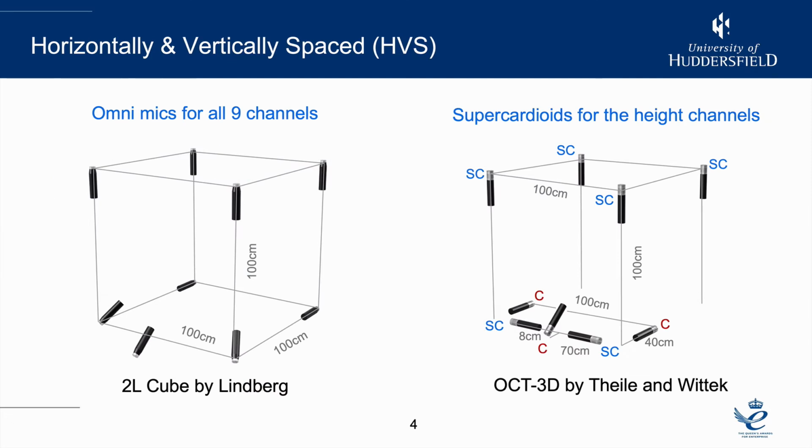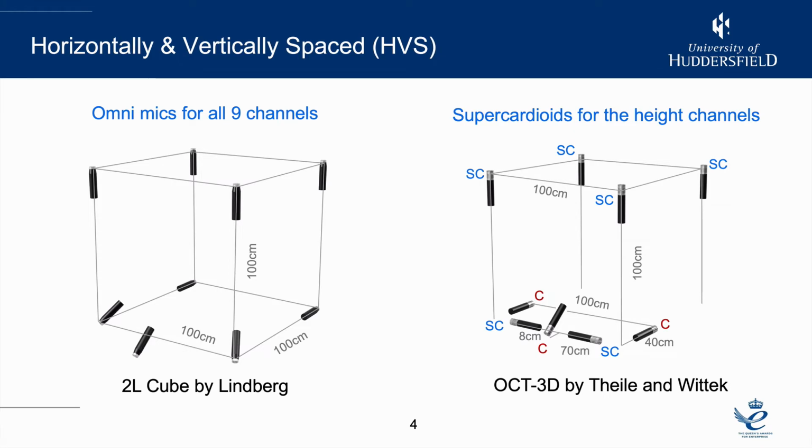2L Cube and OCT3D are good examples of HVS arrays as they are distinctly different in design concept and also in the actual perceived characteristics. 2L Cube is a technique devised by Morten Lindberg, and the array employs 9 omni microphones arranged in a cube layout with 1 meter dimensions.